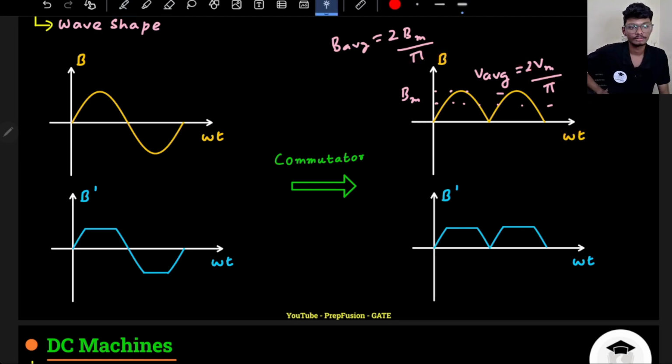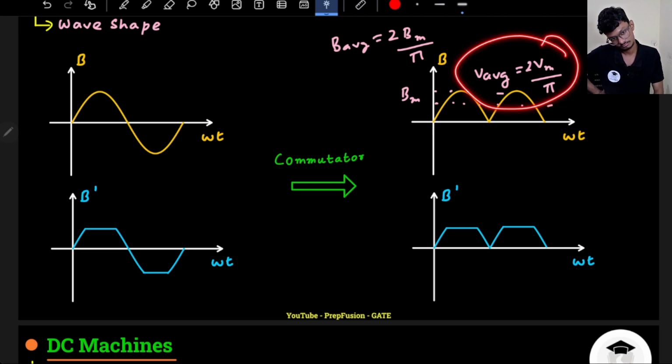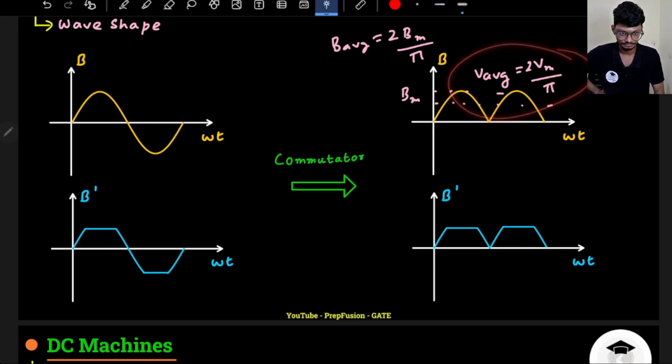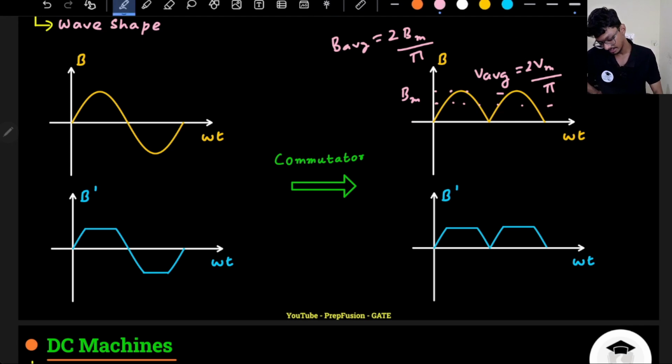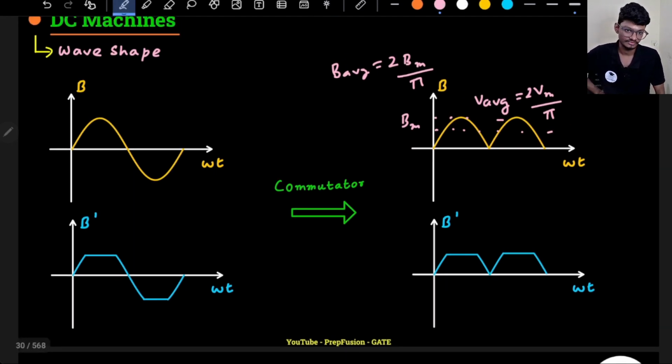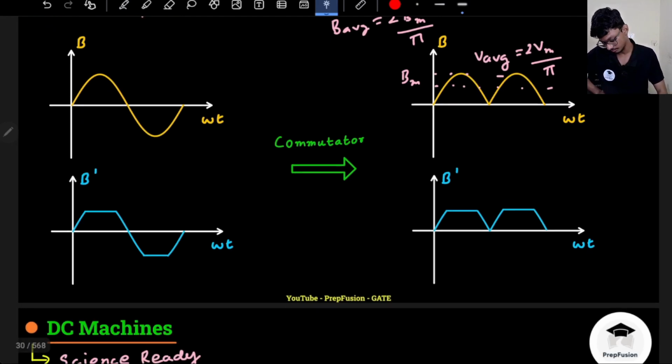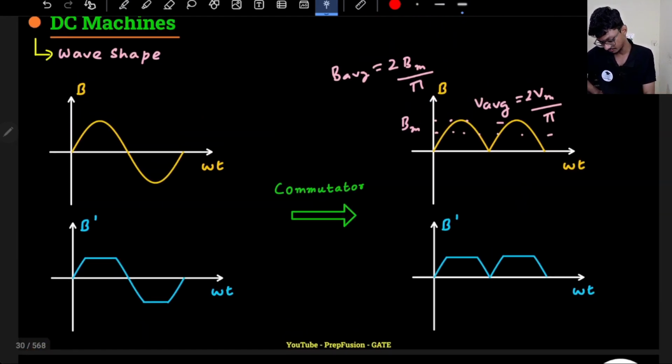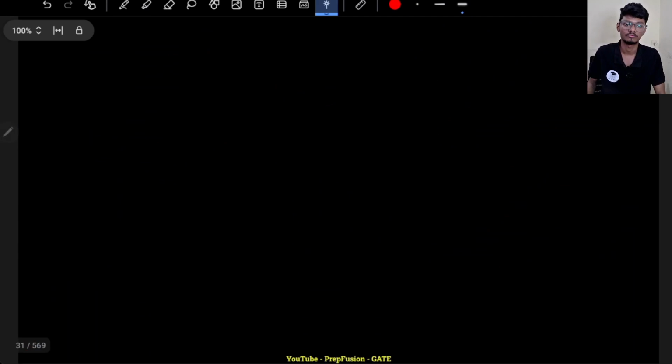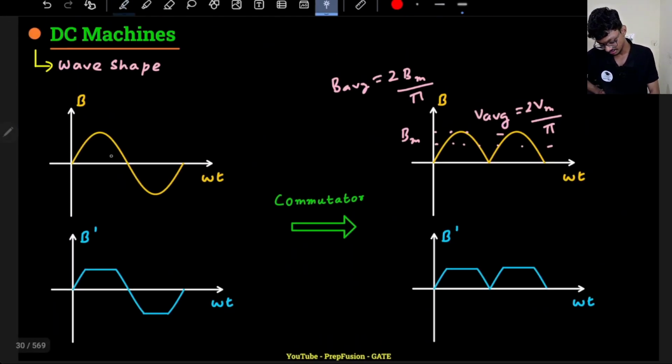Okay, so what is this value? How do I find out this value? I want to derive the expression for the average output voltage. In this case, my flux is sinusoidal.